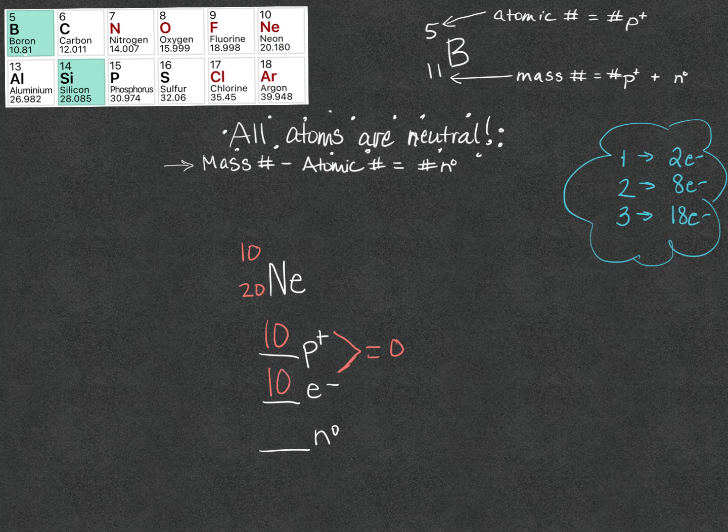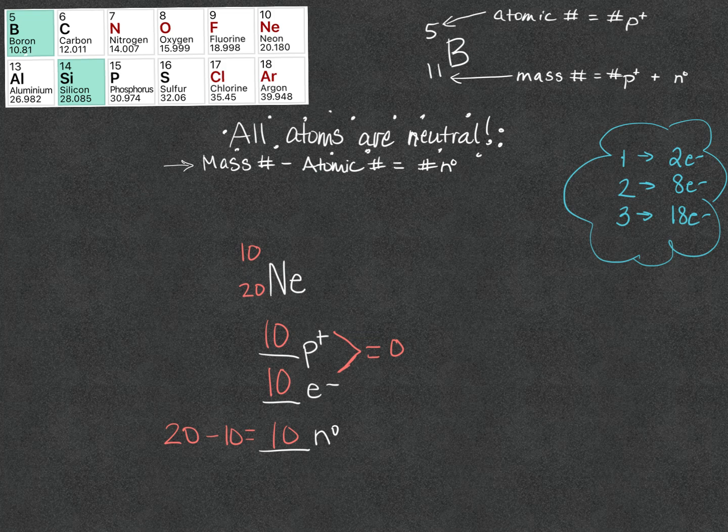Then we need to calculate the number of neutrons. Again, that is done by subtracting mass number minus atomic number. So it's 20 minus 10, which again gives us 10. Hopefully you got those correct. If not, you can go back and practice those again until you start getting them correct.